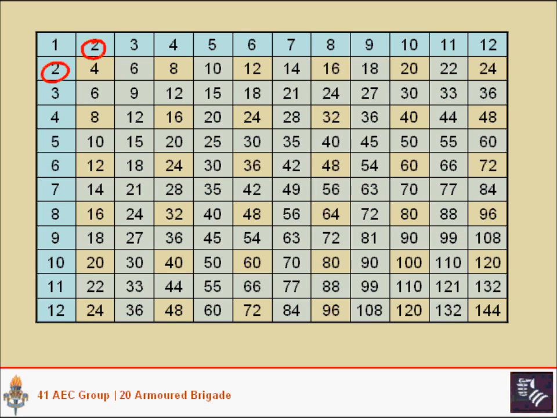So how do we use the multiplication square? Let's see if we can work out 5 times 6. We start at 5, and we move along to the right towards 6. Here the answer is 30.